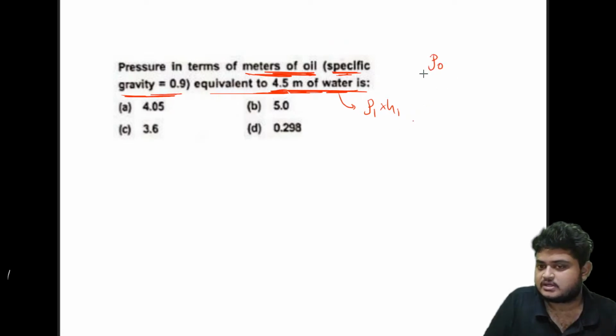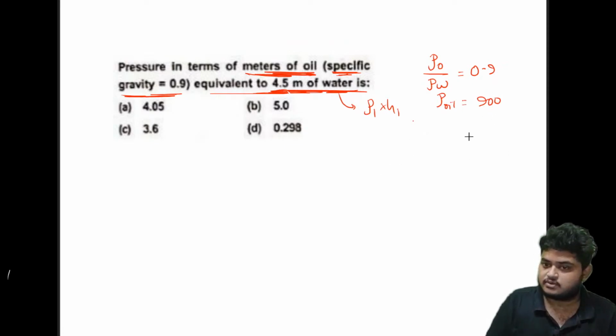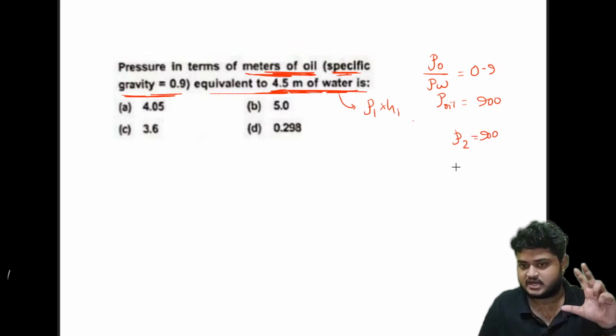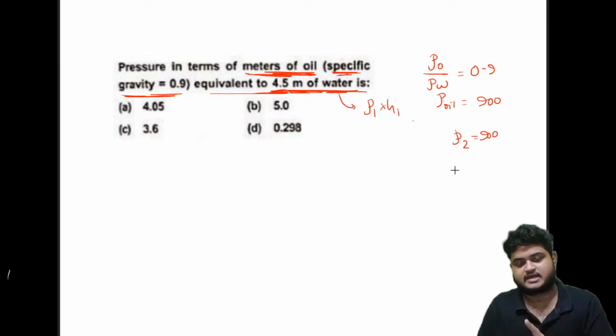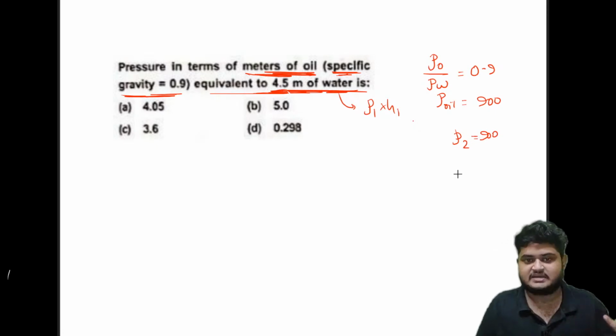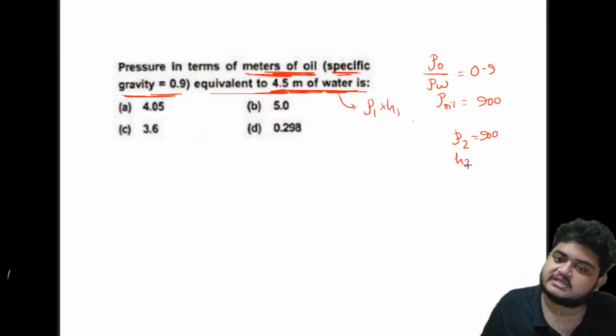So if the oil specific gravity is 0.9, what will be the density of oil? It will be 900 obviously. Let us assume this as rho 2, so rho 2 is 900, and we need the height it will take to exert the same amount of pressure, let us assume this as h2.